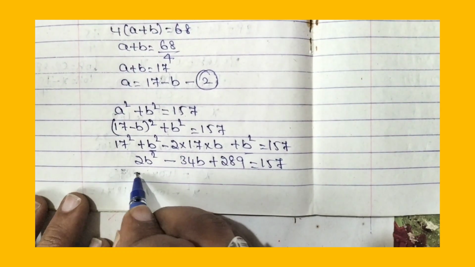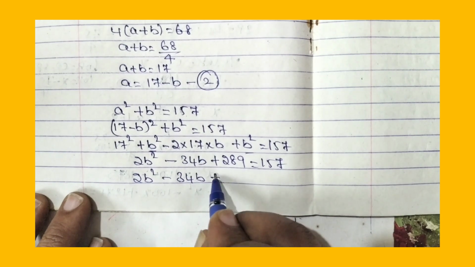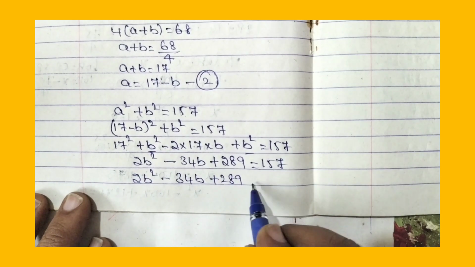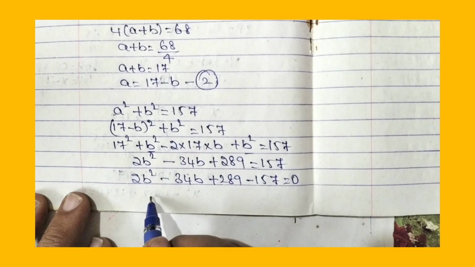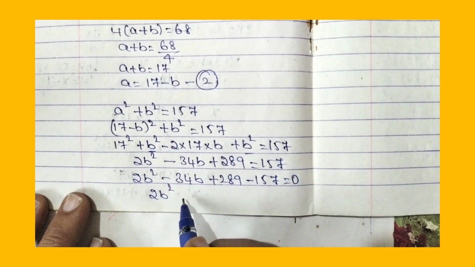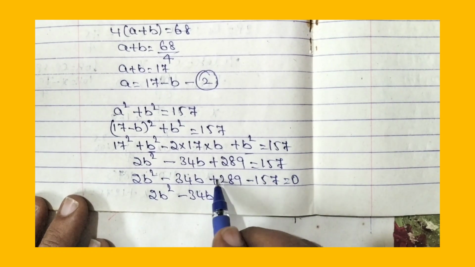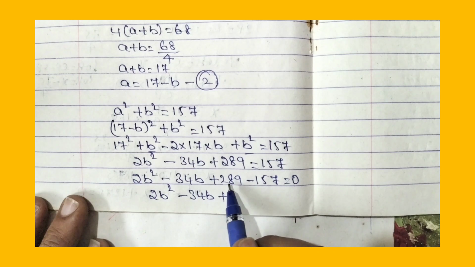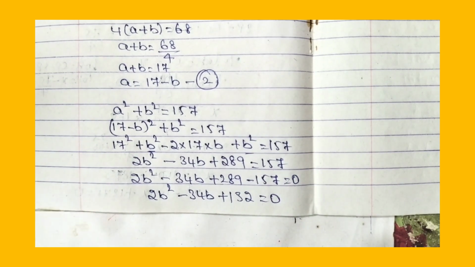So now 2b square minus 34b plus 289, then you bring this side, it will become minus 157, which is equal to 0. So 2b square minus 34b, subtract now, among these two this is bigger: 9 minus 7 is 2, 8 minus 5 is 3, 2 minus 1 is 1, which is equal to 0.